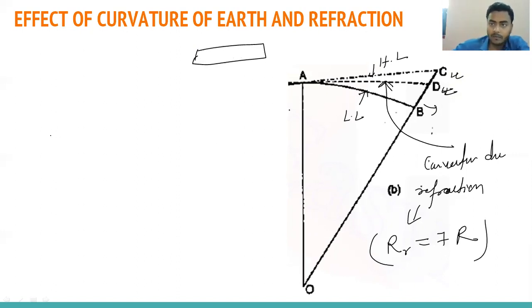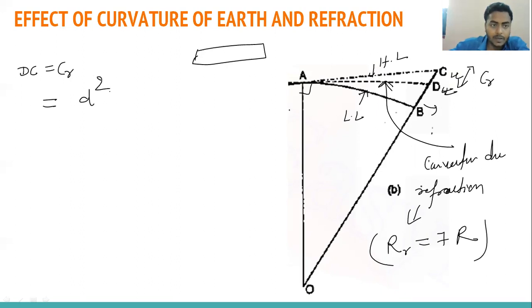So now we can derive also for this refraction. Same as before, this would be 90 degrees. We can write OA square plus AD square plus OD. By doing that, you will get this DC, which we can denote as the correction due to refraction. This is denoted by CR.